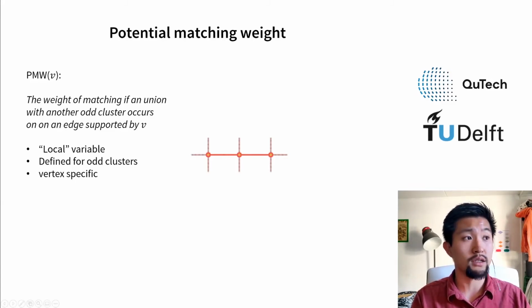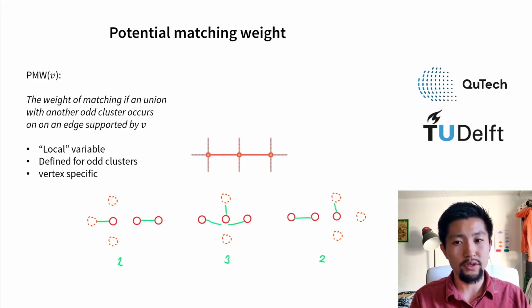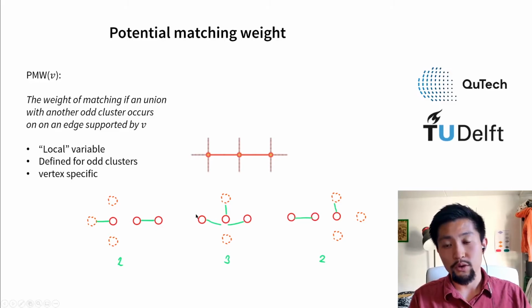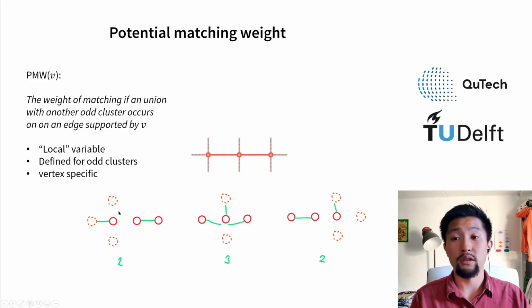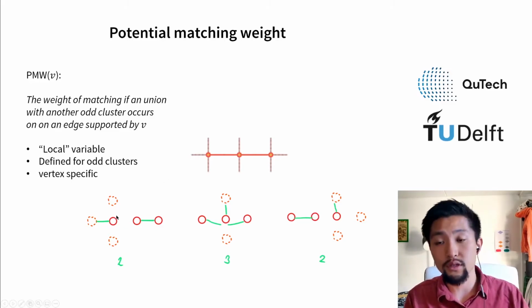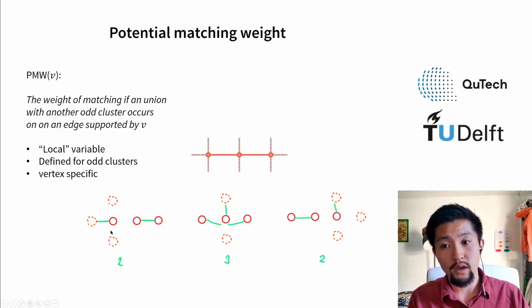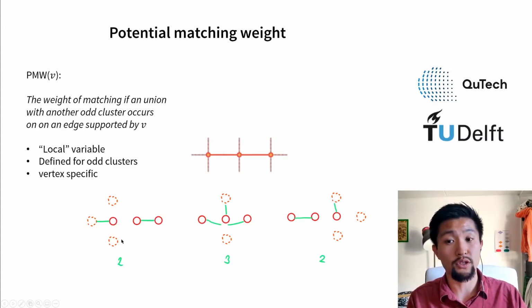If we look at the matching weights, if an odd cluster is merged with this cluster on either one of these edges, we'll see that it's different per vertex. If a merge with another odd cluster occurs on the first syndrome vertex, the eventual matching weight will be contained within this subcluster, and the new added edge will be 2.